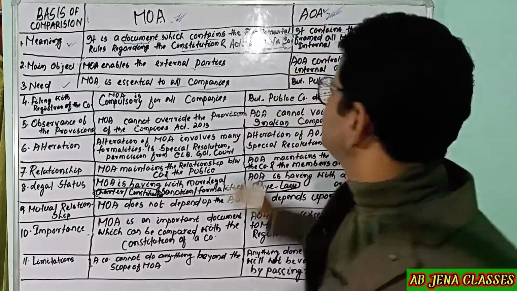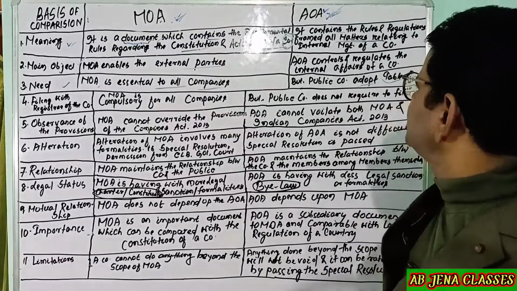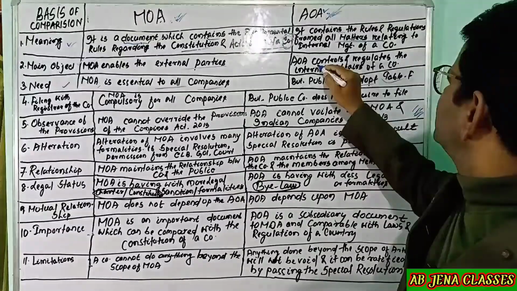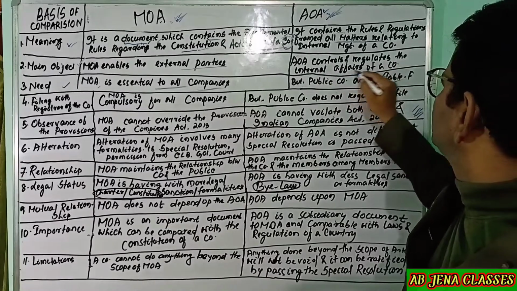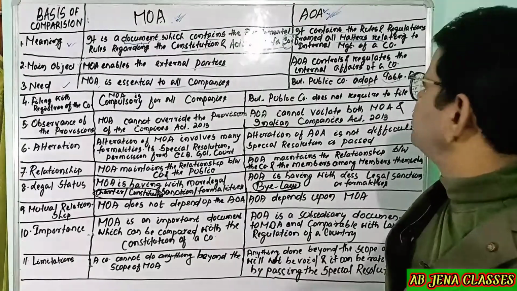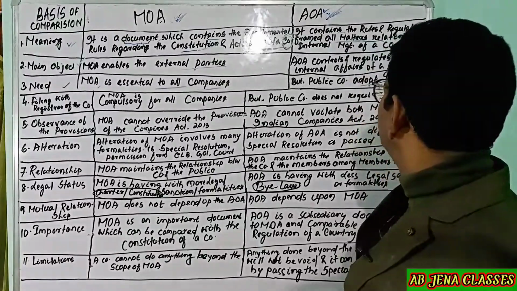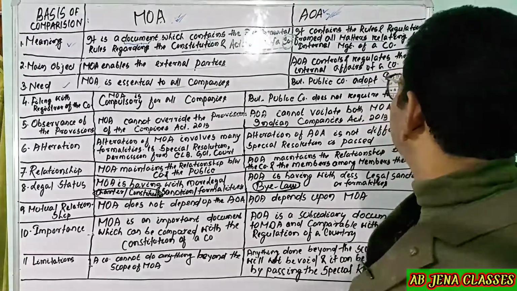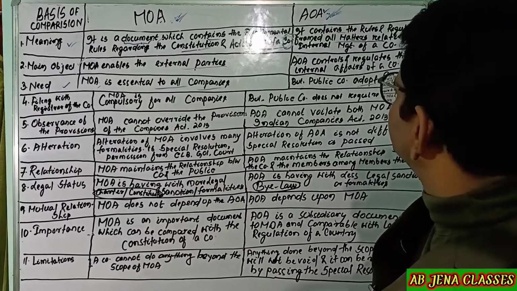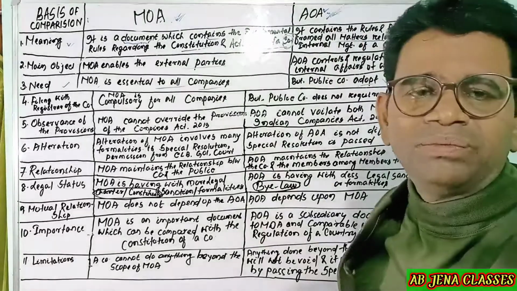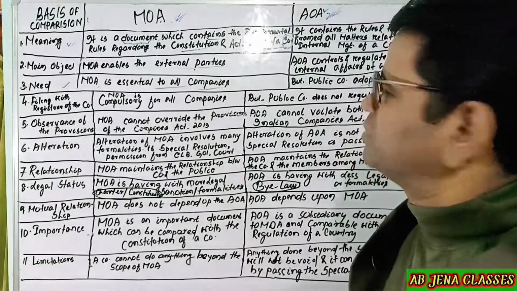And what is the main object of Articles of Association? Articles of Association control and regulate the internal affairs of a company. What would be the day-to-day activities of a company can be controlled and regulated through it.